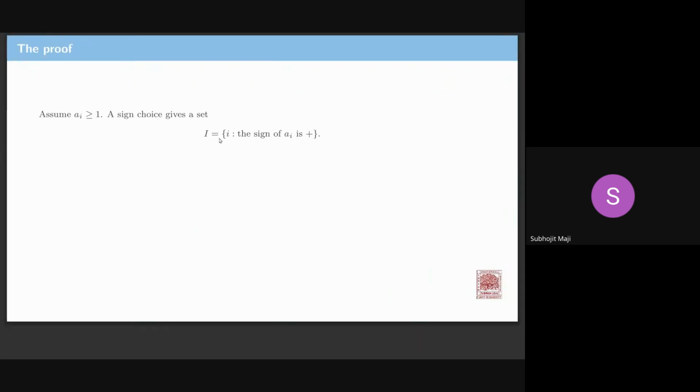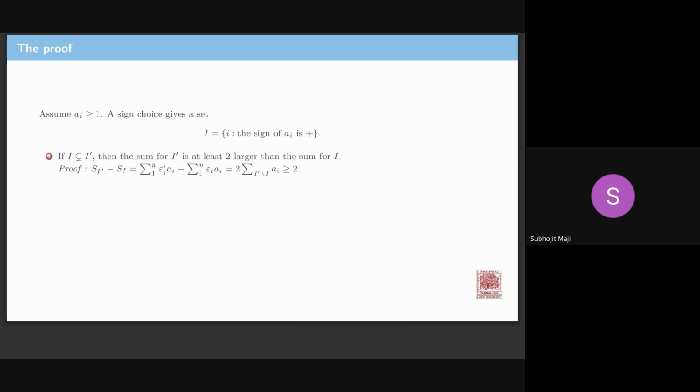So this set I, that indexes the positions where the plus signs occur, will give you the exact configuration, because the positions in I complement, all those positions that are not included in I, will have a minus sign, and the positions in I will have a plus sign. Am I clear to everyone? Yes, sir. Okay.